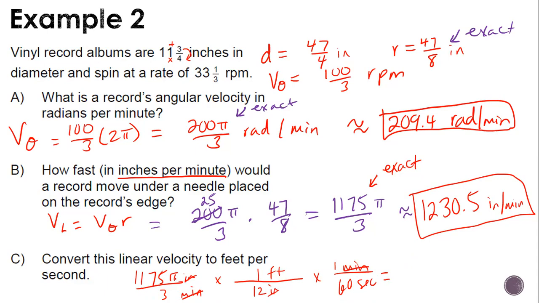So 1,175 pi times 1 is just going to be 1,175 pi. 3 times 12 times 60. What is that? That's 2,160. 1175 pi divided by 2160.